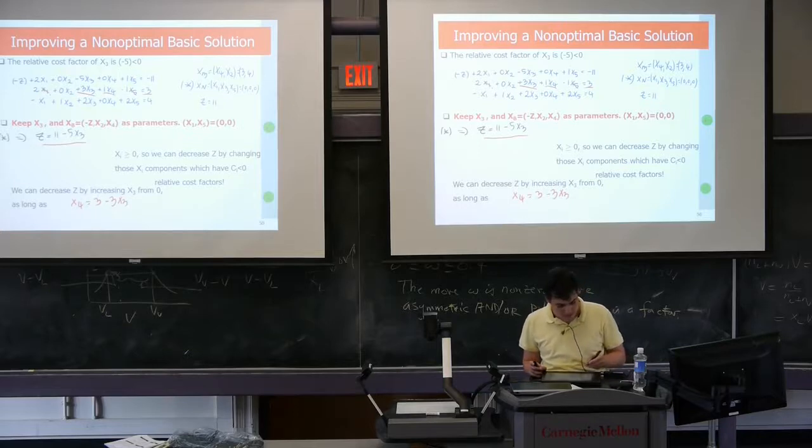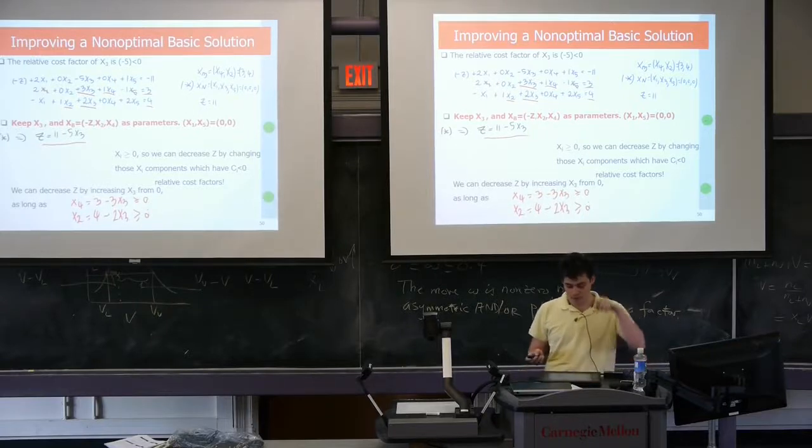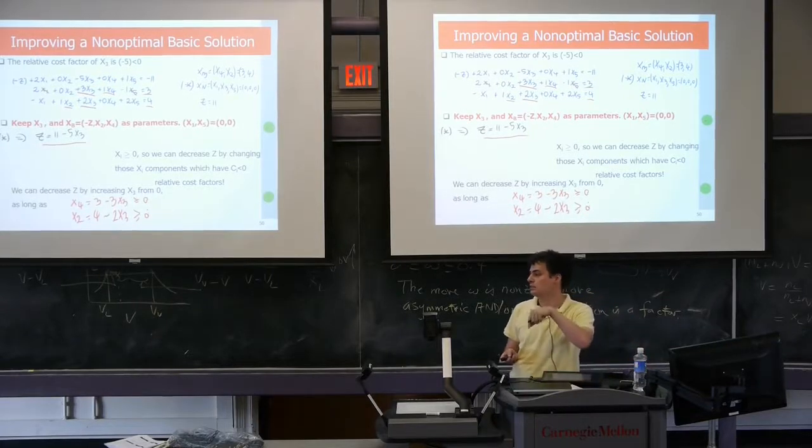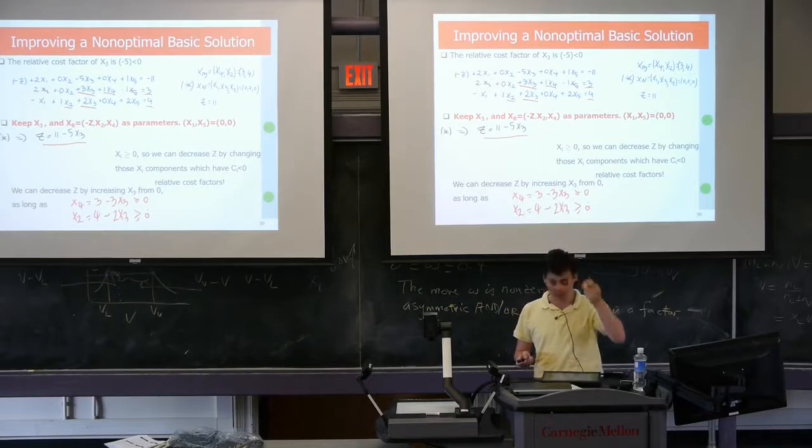And we have another constraint for x2, that x2 is 4 minus 2x3. And the two constraints have to be non-negative. So we have to increase x3 from 0 to such a value that it's maximum, so z will be minimum, but it satisfies these two constraints.